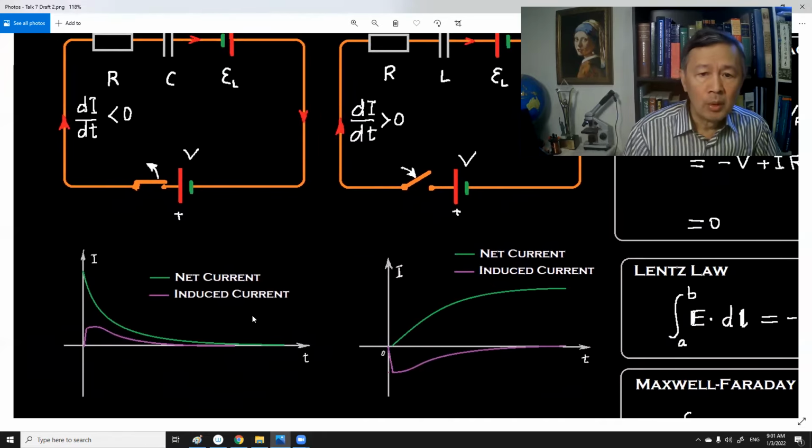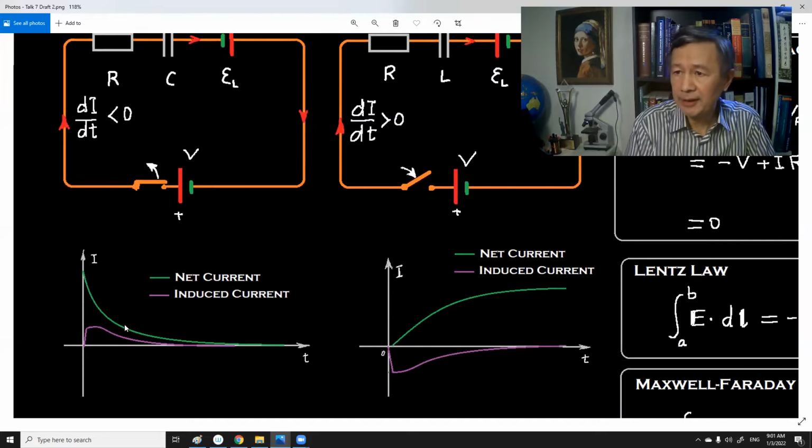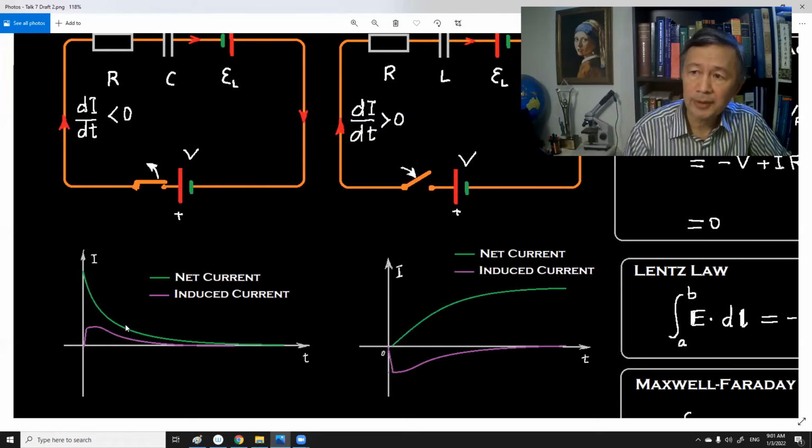So when the current is decreasing, as denoted by this diagram, the green-colored curve represents the net current. That is what we often calculate by solving the differential equation. We know that the current decays exponentially.